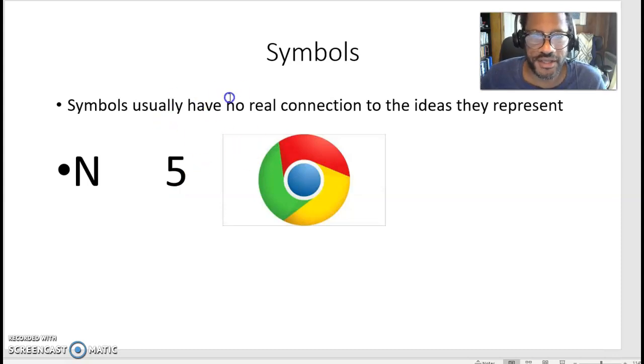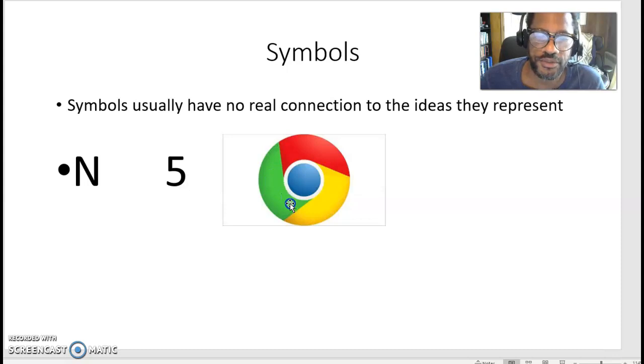And so this idea is that symbols represent something, but they don't have a physical connection between those two. I put in here the Google Chrome symbol that some of you might be familiar with. There's nothing that we could look at in this symbol and say, oh, I understand that. If you didn't know any better, you wouldn't know that this tells us anything about Google Chrome.